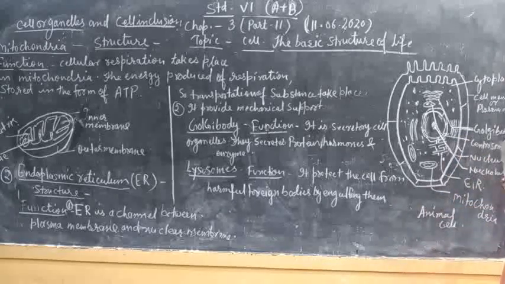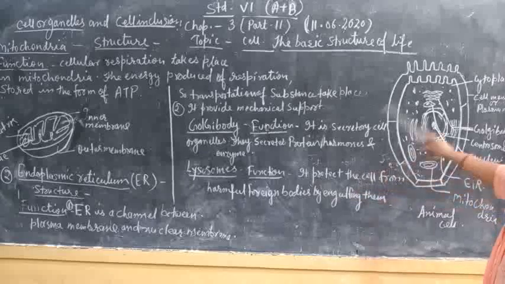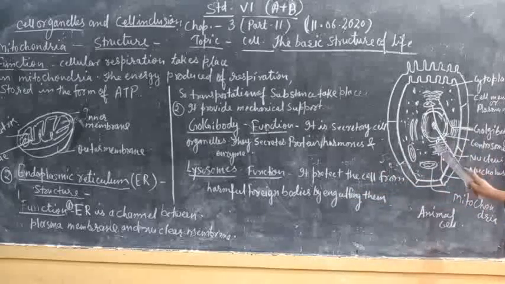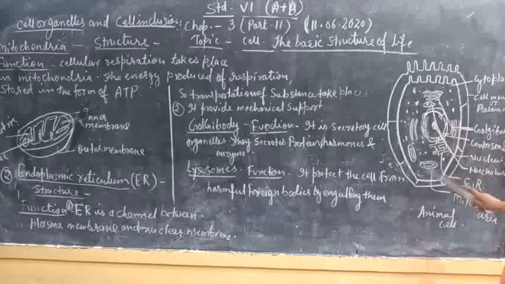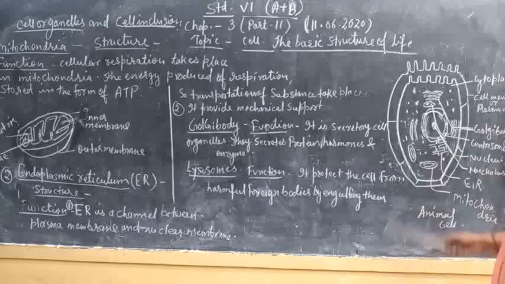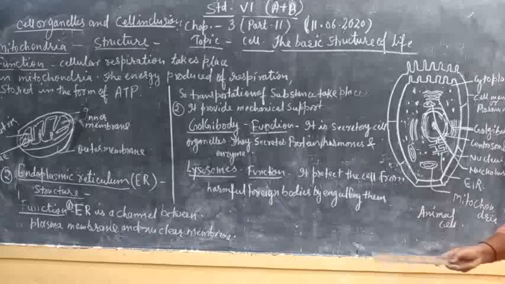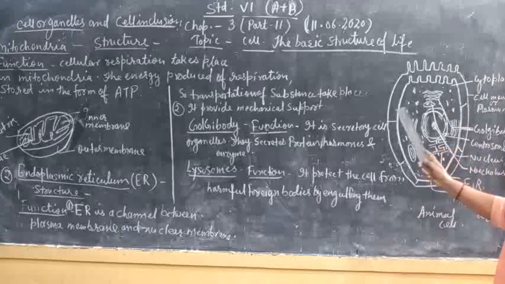Repeat again. The endoplasmic reticulum is a tube-like channel distributed throughout the cytoplasm. At some places it connects the cell membrane and the nucleus and transports useful substances within the cell.